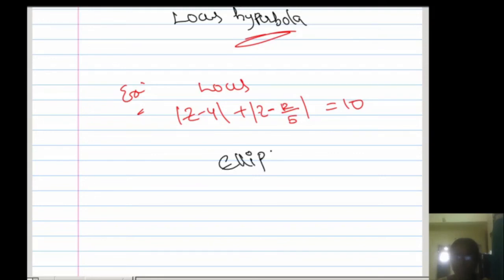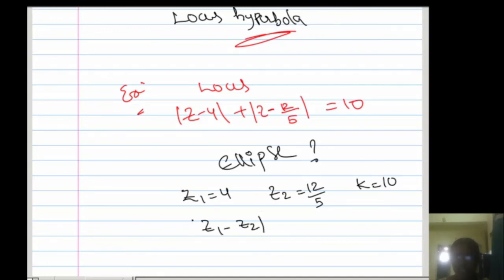Why? Because it is in the form where z1 is 4, z2 is 12 by 5, and K is equal to 10. Simple. So what is z1 minus z2 here? It is 4 minus 12 by 5, so you can say 20 minus 12, 8 by 5.